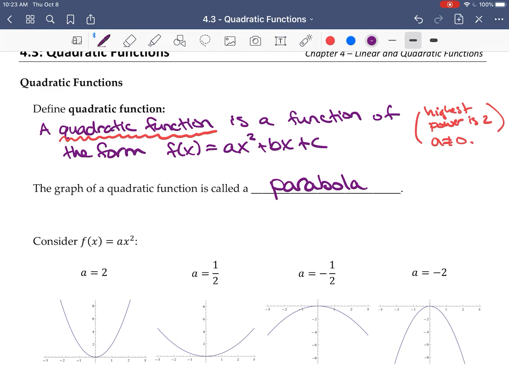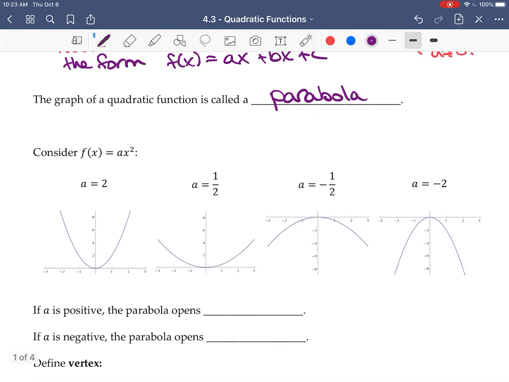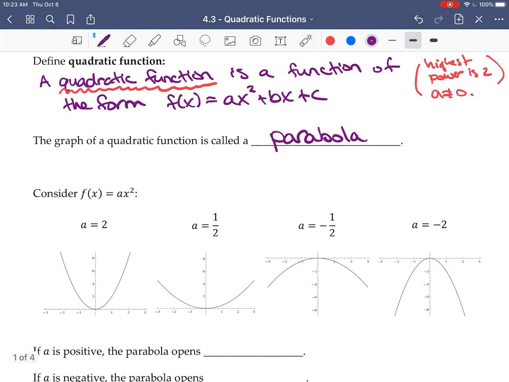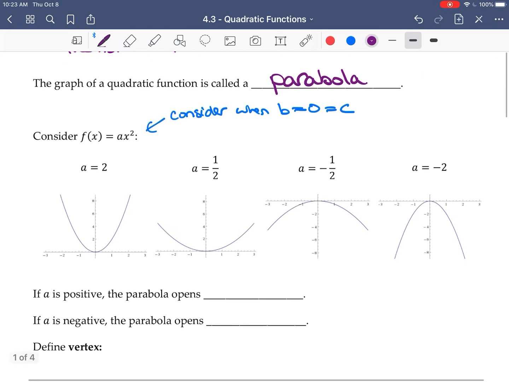Now if you look at f of x is a, so now we're just looking here, consider when b equals 0 and c is also 0. When b and c are both 0, then we just have the form ax squared. And that's what the graphs look like.